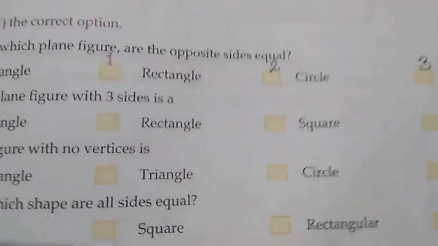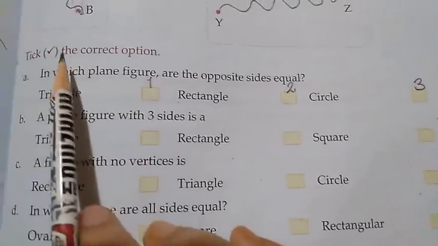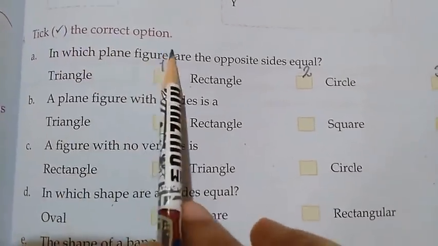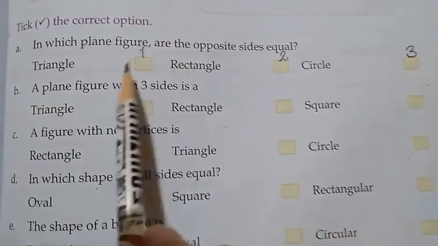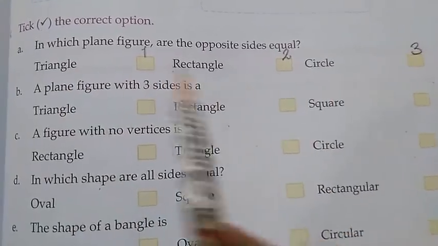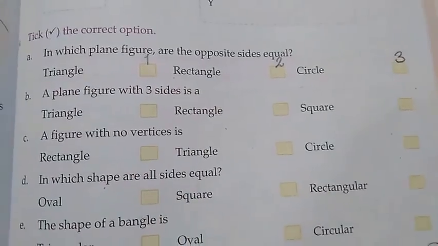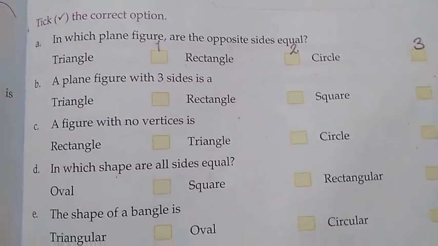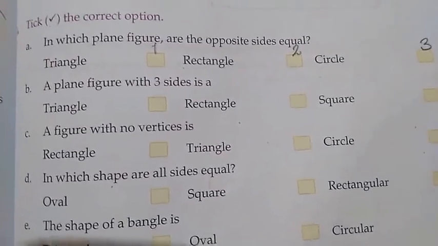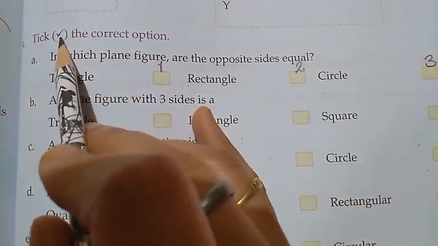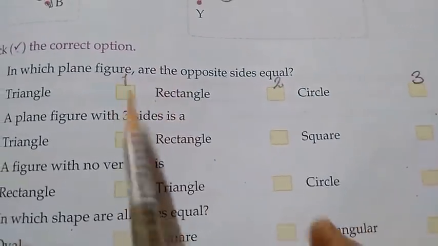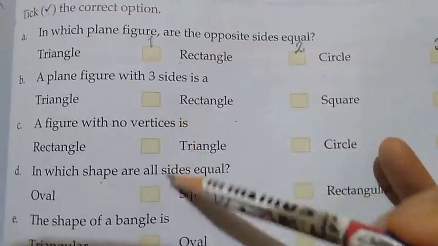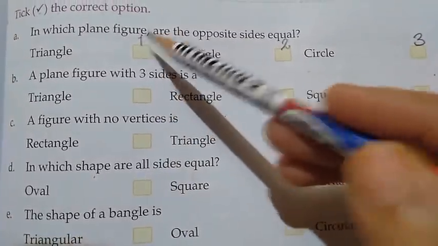Now next is multiple choice question. Tick the correct option. The question is given, we have to read the question and then see the options. 3 options are given here. Out of those 3 options we will select the correct one and put a tick mark like this in that box. Students, please give the numbering to these boxes. These all are box number 1, so write here 1.